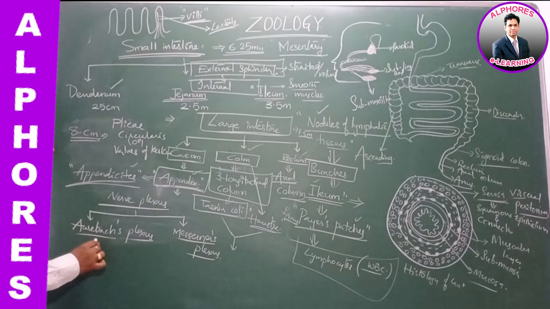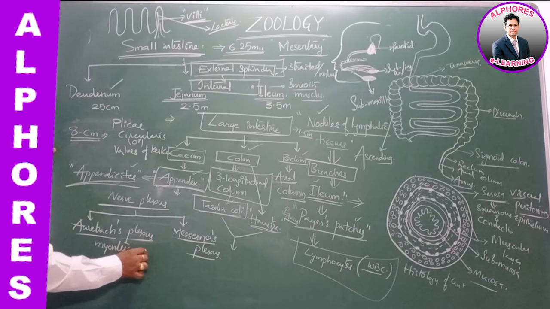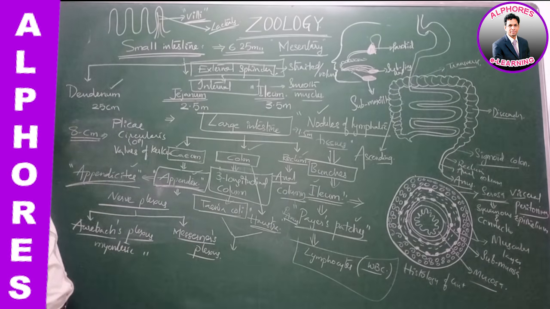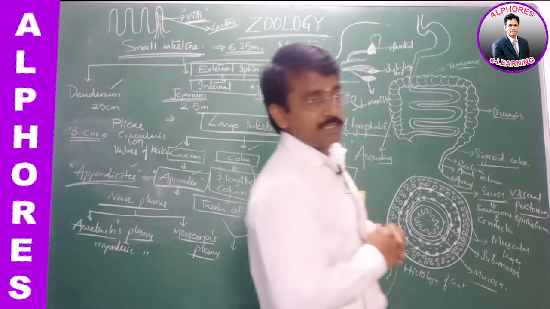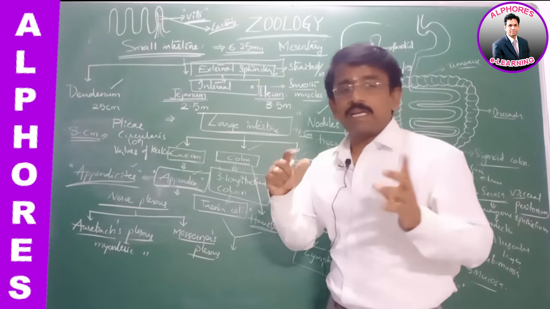Auerbach's plexus is also named the myenteric plexus. Now let's see what this plexus is. Plexus in the sense of network.